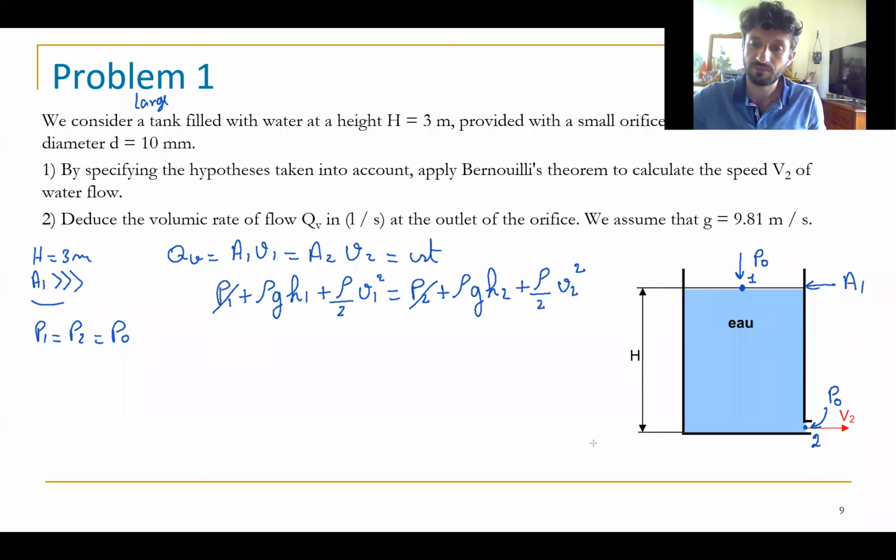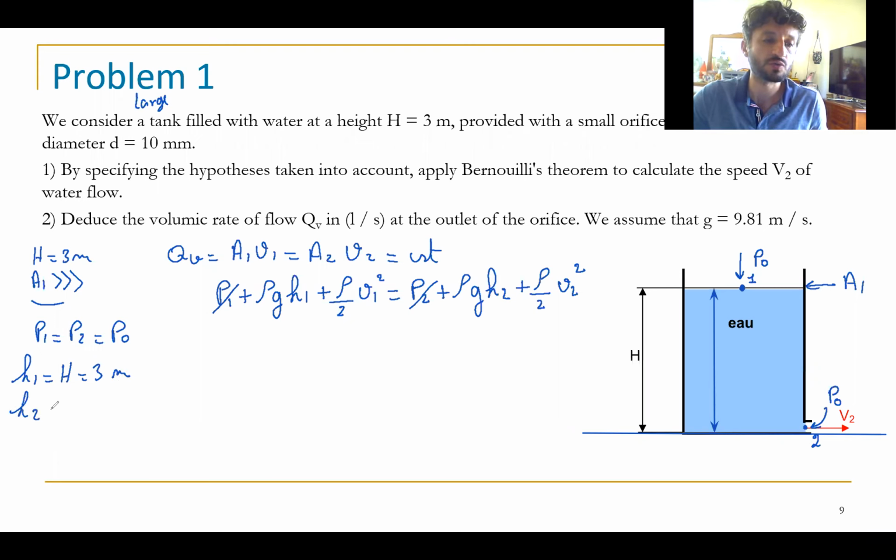So H1 equals capital H equals 3 meters, and H2 equals 0, so we can eliminate H2. We can also eliminate the density, since we have rho in every term.